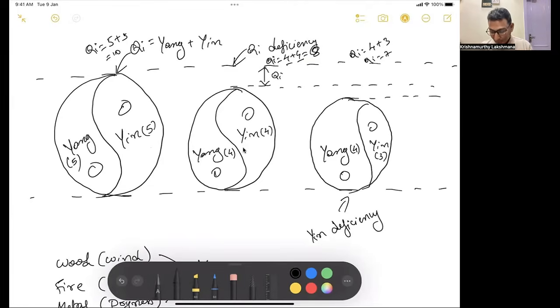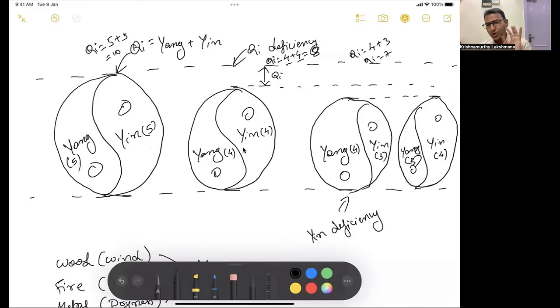Now similarly, if it was like this, now yang becomes 3 and yin remains 4. So here also qi is equal to 4 plus 3, which is equal to 7.